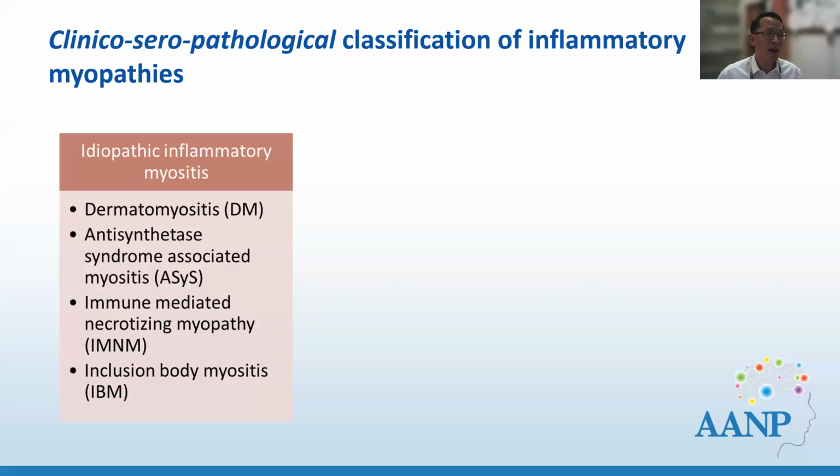For idiopathic inflammatory myopathies, the ENMC currently recognizes four major types: dermatomyositis, antisynthetase syndrome-associated myositis, immune-mediated necrotizing myopathy, and inclusion body myositis. These four subtypes by no means cover all the inflammatory myopathies that you can encounter on muscle biopsy.